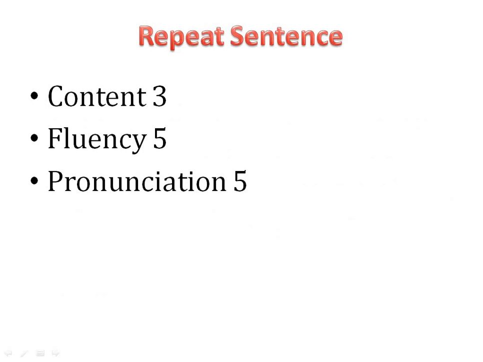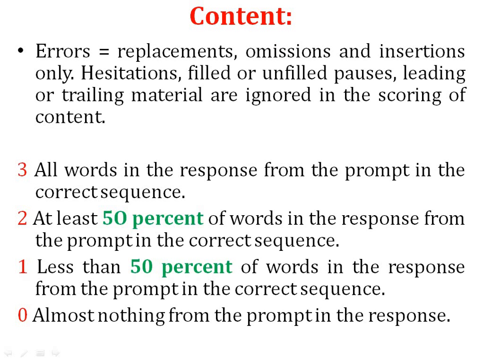Next is repeat sentence. In repeat sentence, 3 marks are awarded on the basis of content. Again, 5 for fluency, 5 for pronunciation. So in content marks, replacements, omissions and insertions are considered as errors. Any hesitations, filled or unfilled pauses, leading or trailing materials are ignored in the scoring of content.